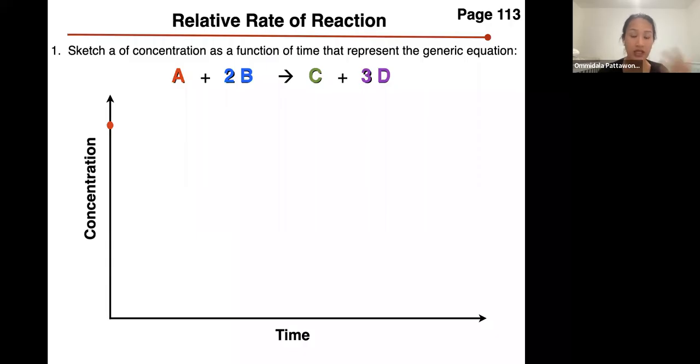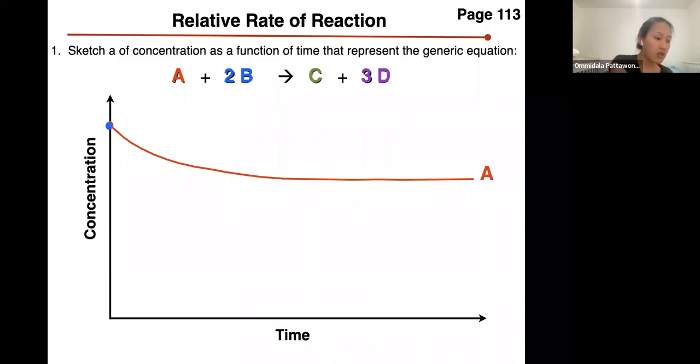As you saw previously, as time progresses, the concentration of A is going to decrease because A is converted to the product. So you are going to see the decrease of the concentration of A. Now, if you're looking at B, and let's say that you start B at the same concentration as A, you will see that B would behave similarly to A. Over time, the concentration of B would decrease because B is the reactant and is going to be consumed.